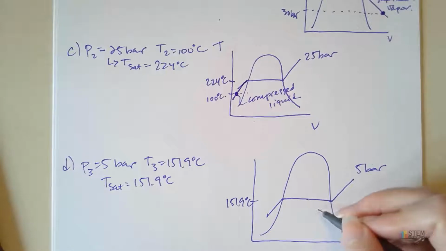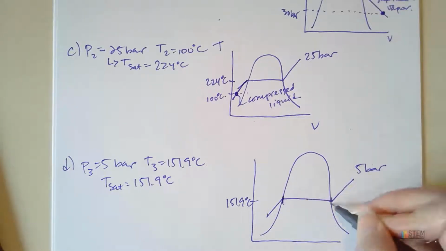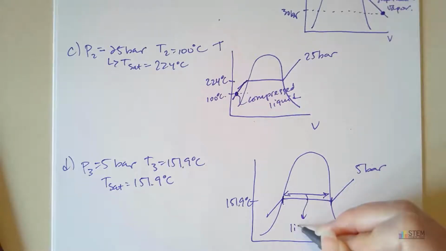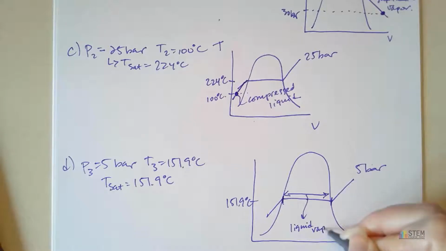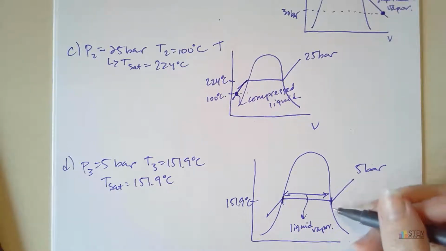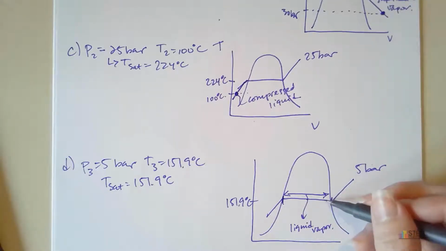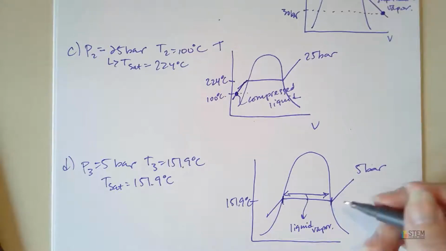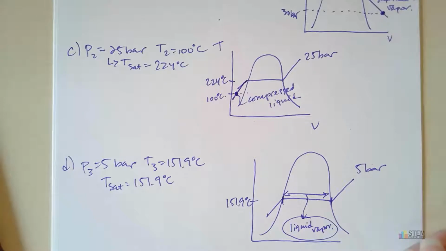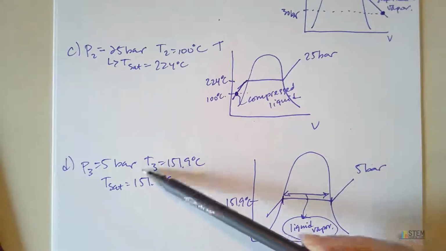We need something here to find the exact value, but we know that we're in this range somewhere. So we have a liquid vapor mixture. We would need another property to help us figure out exactly where we are in here, so typically you'd want quality. But we know we have liquid vapor, because our pressure and the saturation temperature match up.